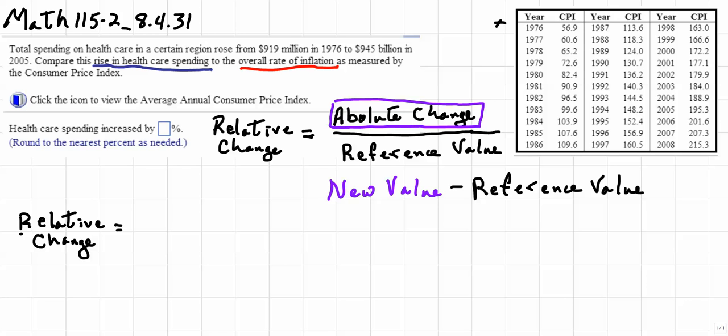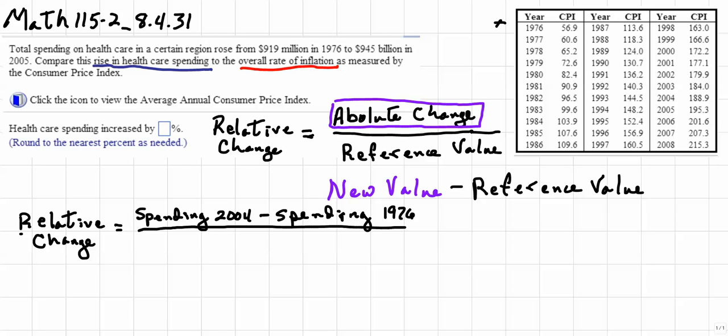and that will be equal to the spending in 2004 minus the spending in 1976, and we're going to divide that by the spending in 1976. The spending in 2004 is our new value, and the spending in 1976 is the reference value. So what is the spending in 2004?